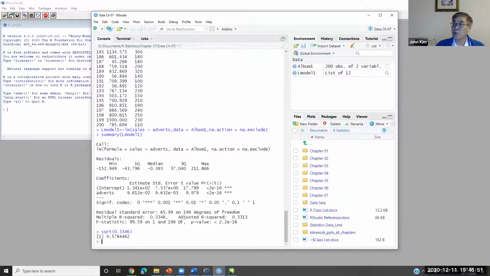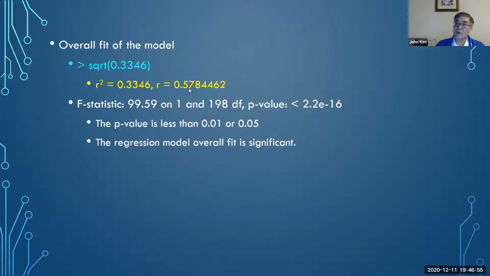So R is 0.578. Not very high, but there is a relationship, not strong, but some positive relationship between advertisement and the sales.